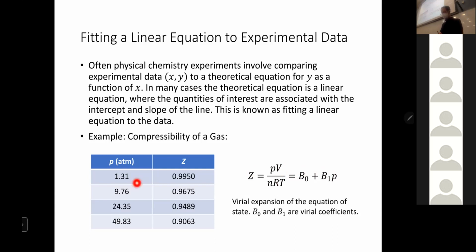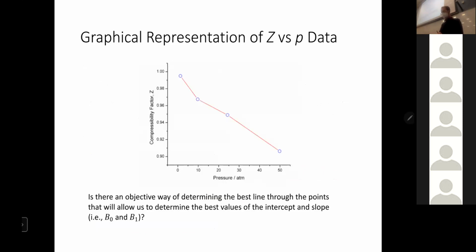Okay, so we've measured this data here in lab. You can see that it makes sense. At low pressures, z is close to 1, but at higher pressures, it's deviating. And so if you plot the compressibility factor z as a function of the pressure, then you get these data points here. This is just the data that we showed on the previous slide plotted.